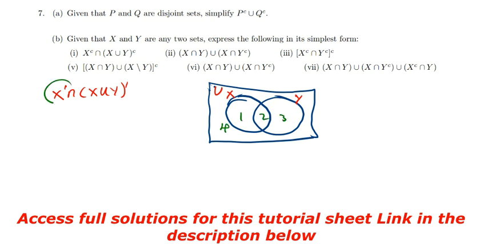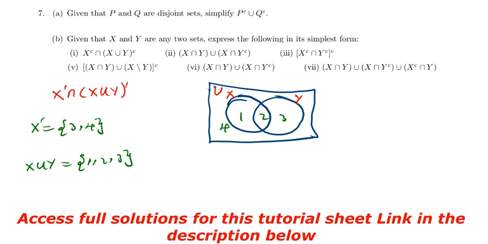So from there we are supposed to have elements that is X complement. So X complement, elements which are in the universal set but they are not in X. So that is going to be just 3 and 4. Okay? Then now let's come up with X union Y. So X union Y, this is going to be add elements in X and Y. So when you add, we're going to have 1, 2, and 3.